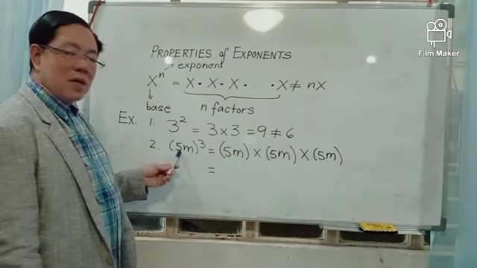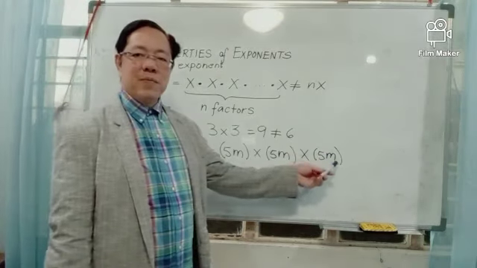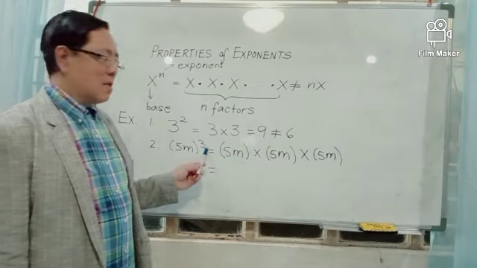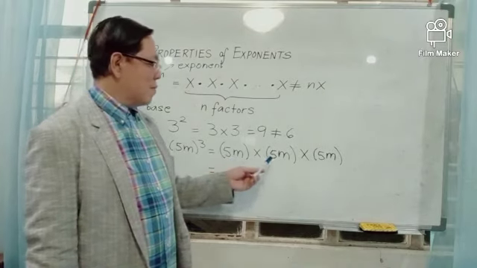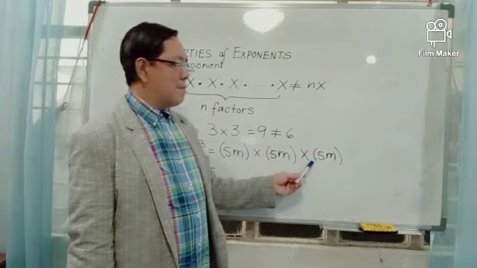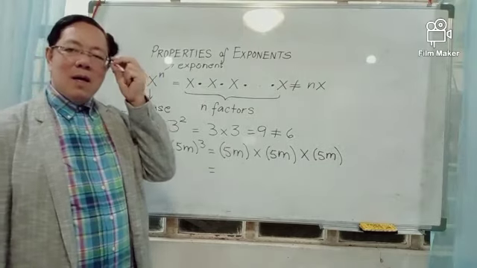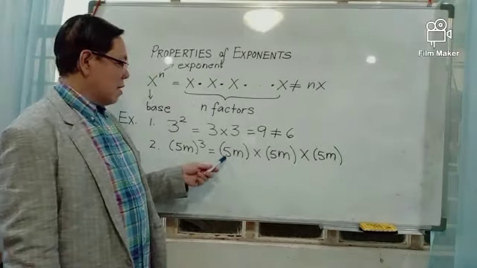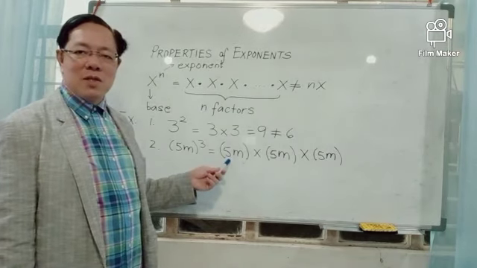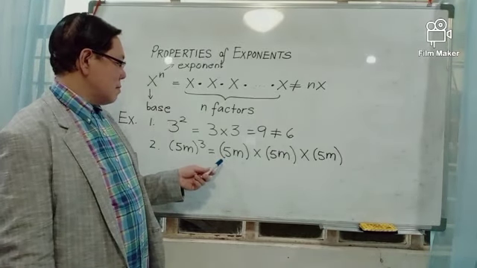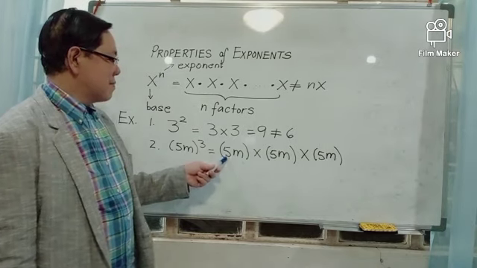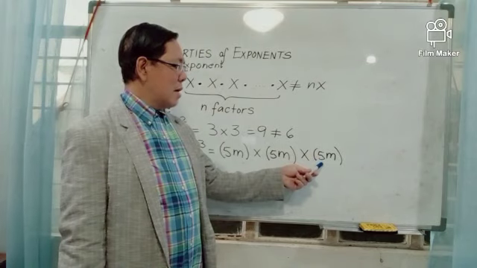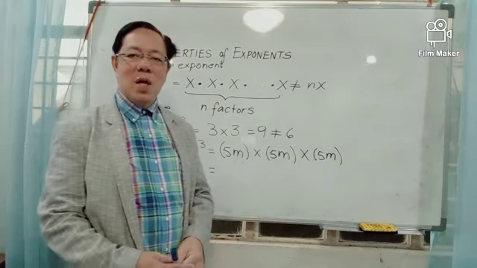We multiply the base 5m by itself 3 times because the exponent of 5m is 3. Hence, we have 5m by 5m by 5m. And to find the product of this right-hand side, multiply the numerical coefficients. 5 by 5 is 25. 25 multiplied by 5 is 125.